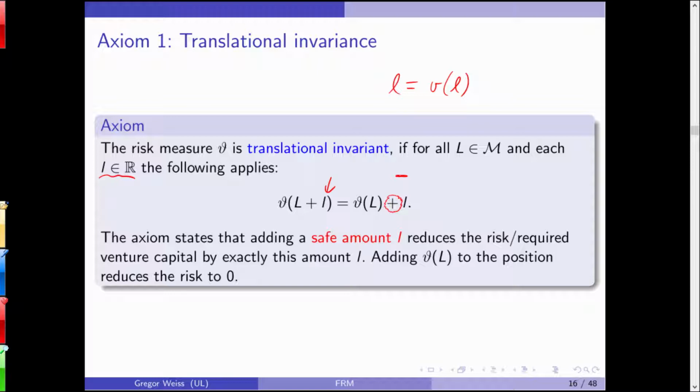And again, if we add nu of L, the risk capital needed to make this risk acceptable, we can see that we can hedge the position fully and get a total risk of 0. Translational invariance comes from geometry.